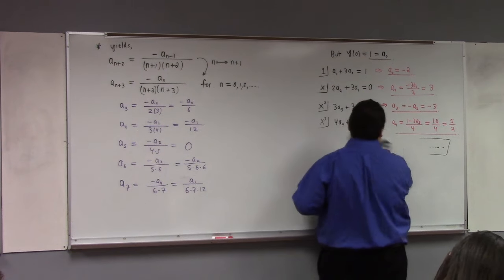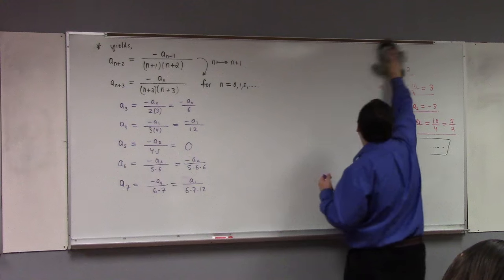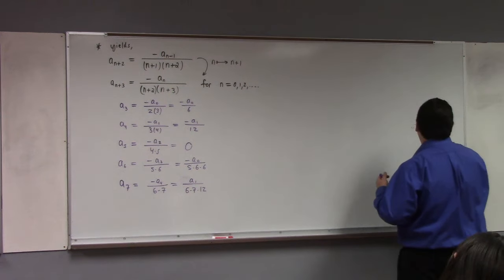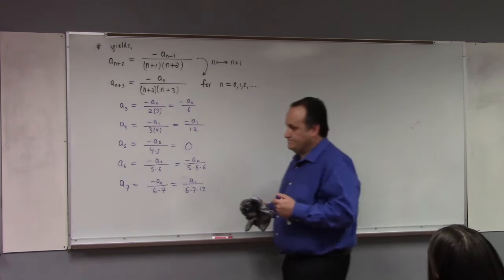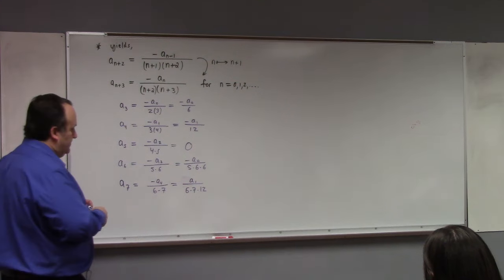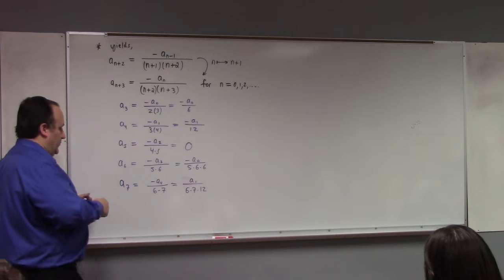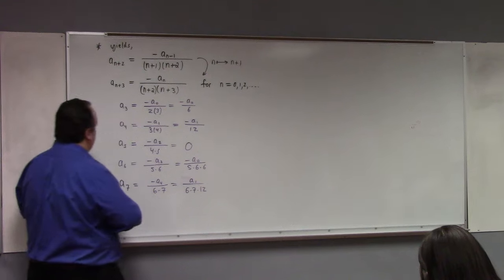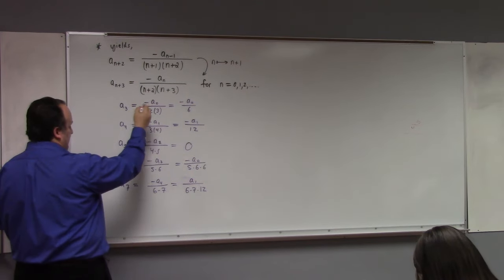So what you should start to see is that we're going to have what? Do you see what's going to happen? We're going to have all of the terms that have the form of multiples of 3, right?